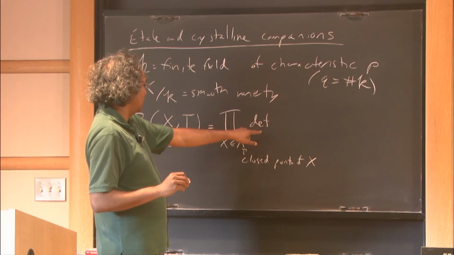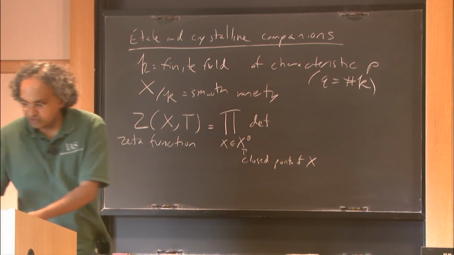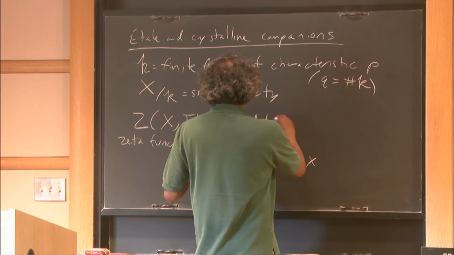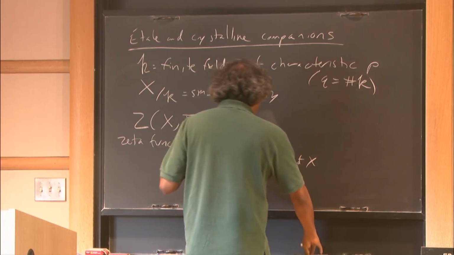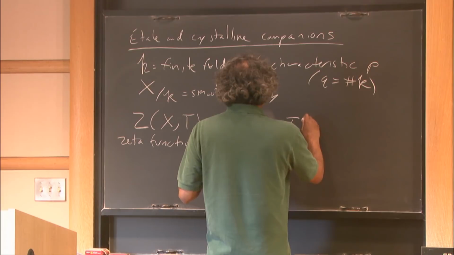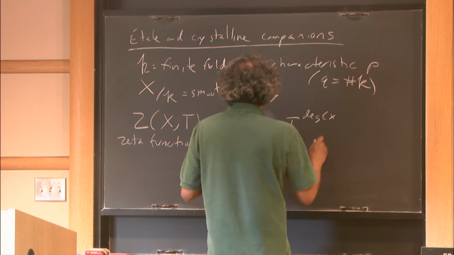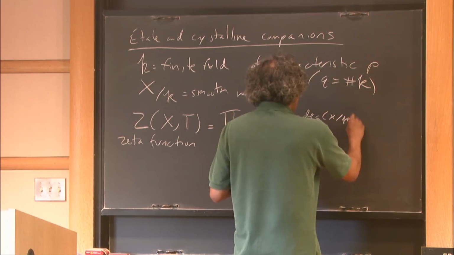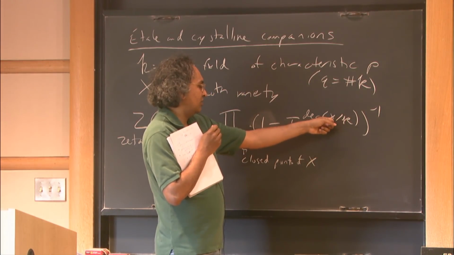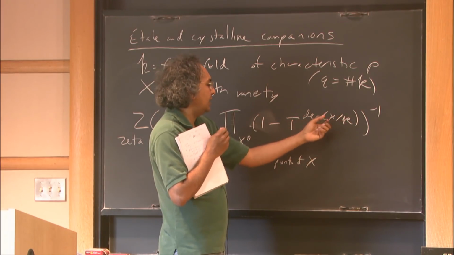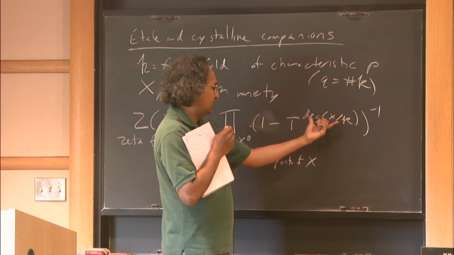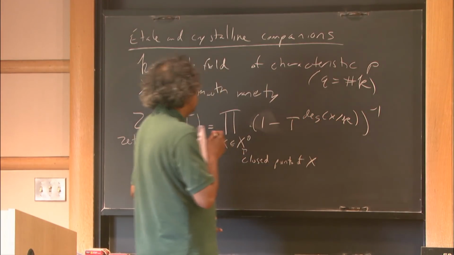So this Euler product consists of a factor for each closed point, which is some sort of inverse characteristic polynomial, or Fredholm determinant. Sorry, that's when I get to the trace formula. Right now, it's just a product of terms, each of which detects the degree of X over K, meaning the residue field of the point is some finite extension of K. So this is the degree of that field extension, or in the language of Galois orbits, the length of the Galois orbit corresponding to this point.